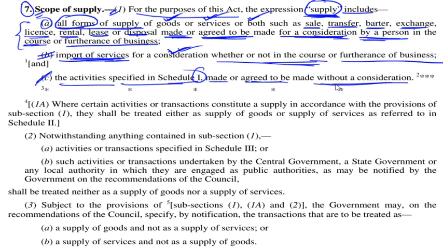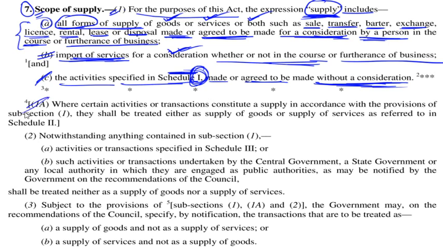Even if there is no consideration, then those activities which are specified in Schedule 1 shall be treated as supply, even if there is no consideration. The activities specified in Schedule 1 shall be treated as supply.